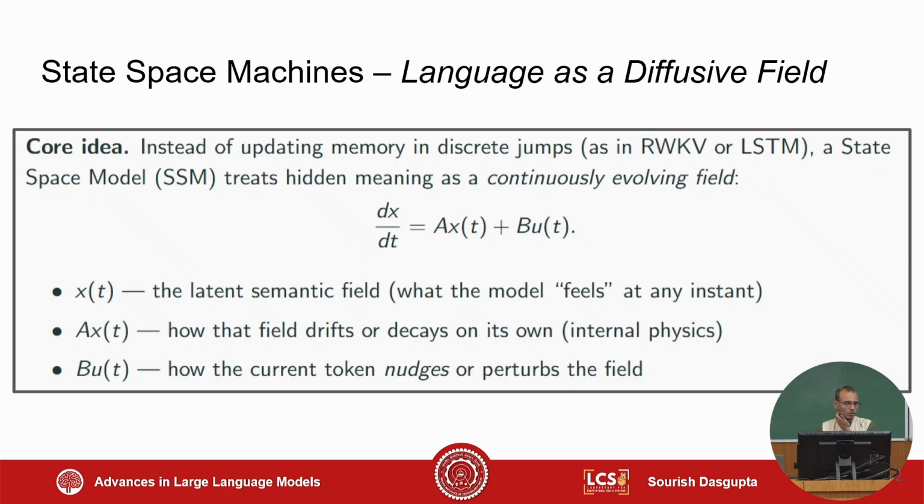Okay, so the core idea is that language is like a diffusive field. Imagine a room filled with some fluid, and you have to swim through this fluid, and the density and viscosity are different at different points of this room. How are you going to drift through this fluid?